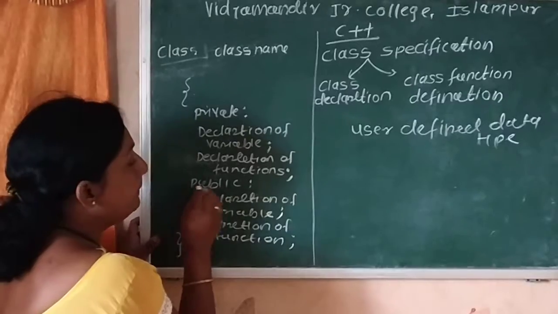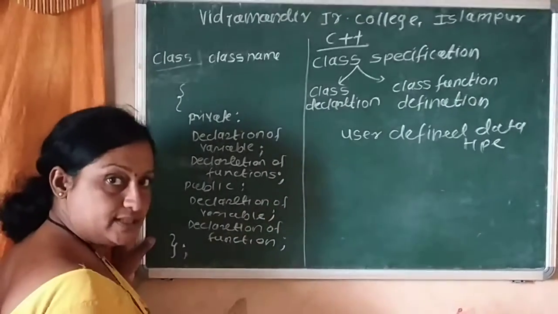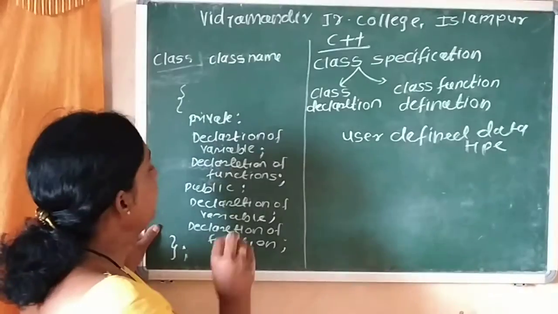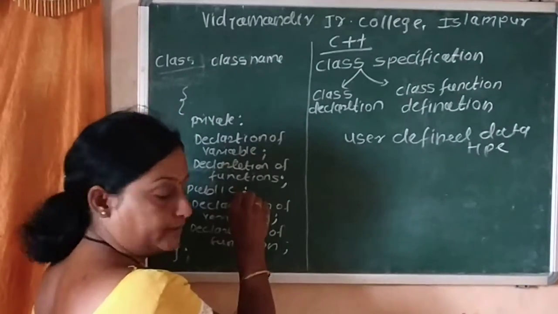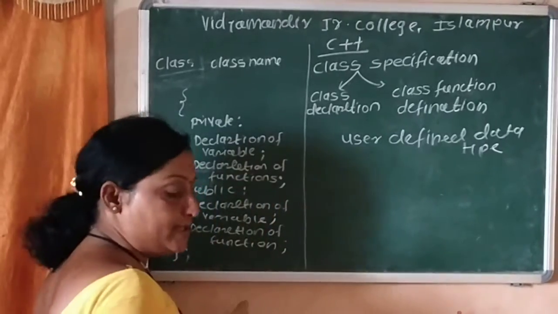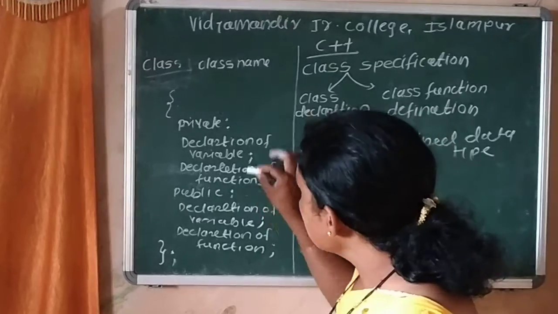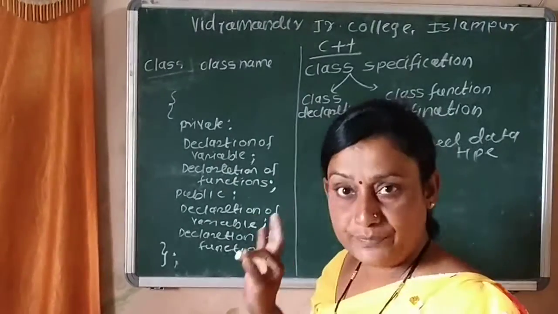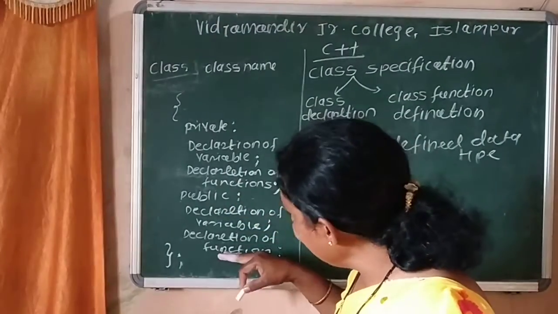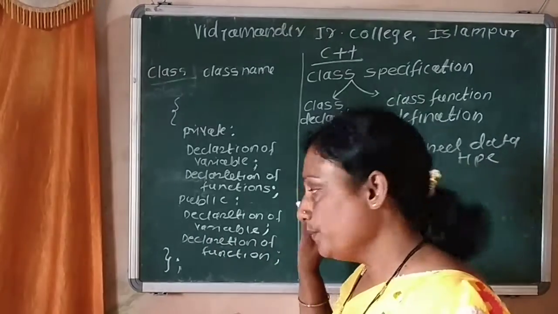Next is the public section. The variables and functions which are needed outside the class we declare in a public section. The use of the public section is that these variables can be used anywhere in the program. That is, these variables and functions can be used outside the class also.